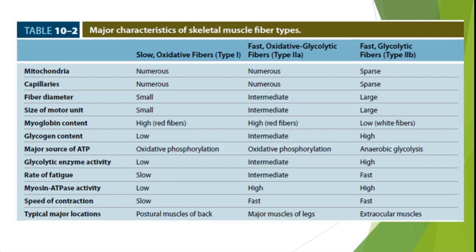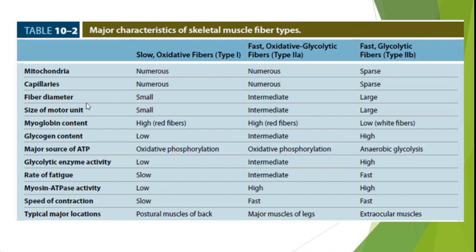Oxidative phosphorylation or glycolysis. Okay? So for the types of skeletal muscle fibers, meron tayong tatlo. Type 1 or the slow red oxidative fibers, type 2A or the fast intermediate oxidative glycolytic fibers, and type 2B or the fast white glycolytic fibers.